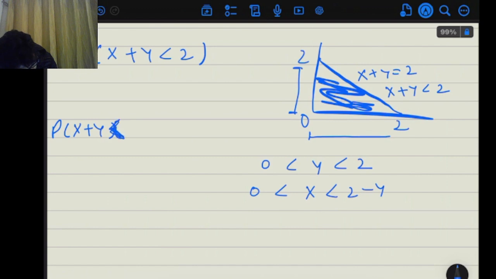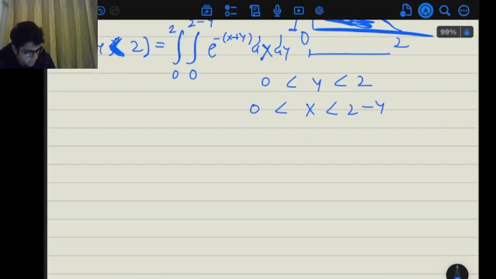So my probability of x plus y less than 2 becomes the integral from 0 to 2 of, wait a minute, 0 to 2 minus y of 2 e to the power minus (x plus y) dx dy, right?